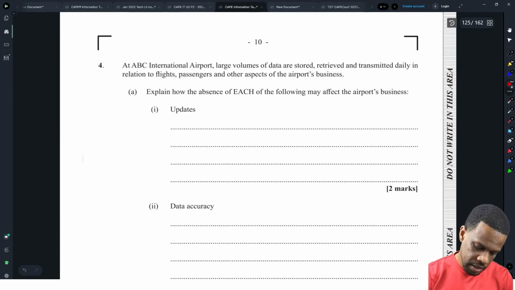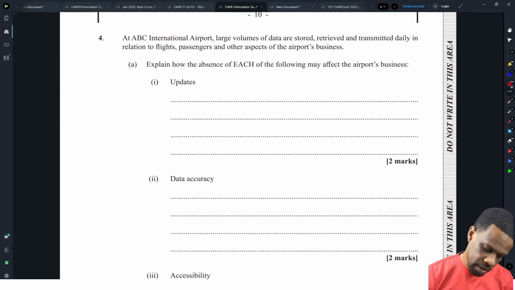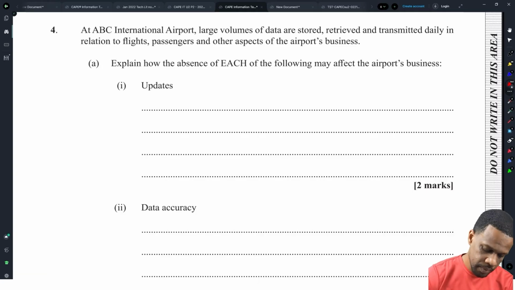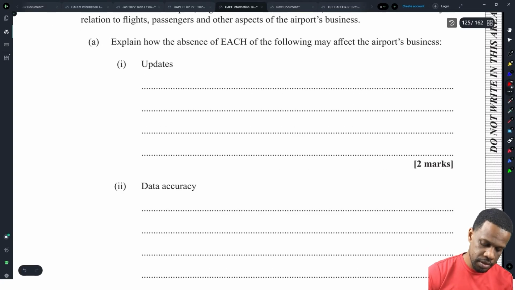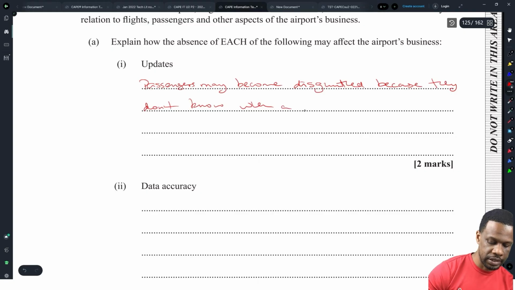Alright, at ABC International Airport, large volumes of data are stored, retrieved, and transmitted daily in relation to flights and passengers. Explain how the absence of each of the following may affect the airport's business. Updates: if they don't have updates, passengers may become disgruntled because they don't know when a flight is late and would waste time at the airport.